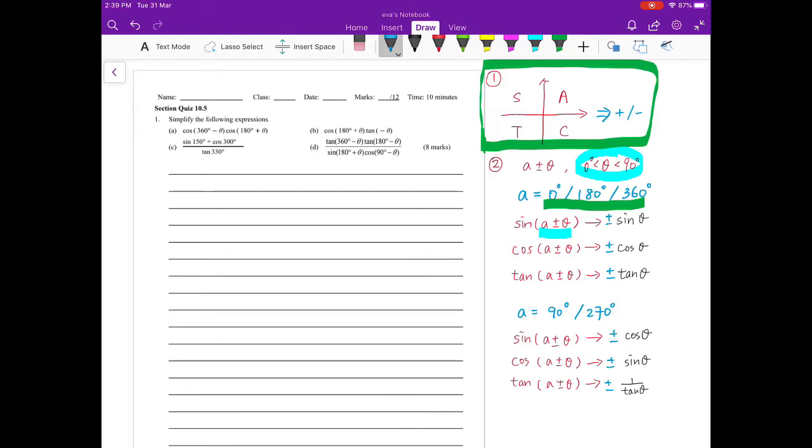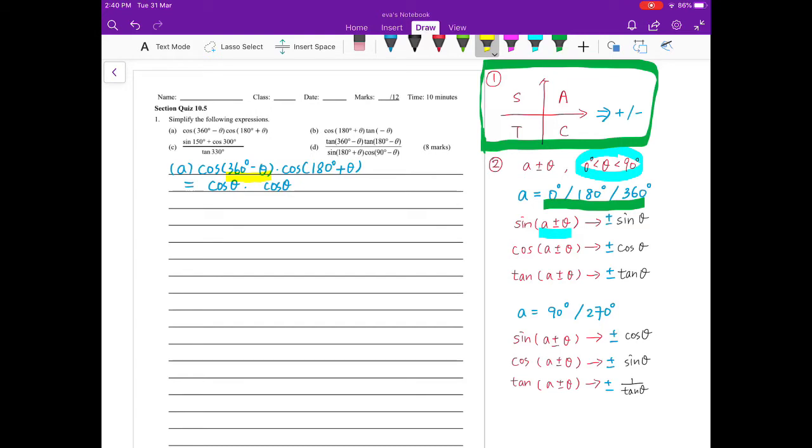You have to simplify each of the following. So question A, cosine (360 degree minus theta) times cosine (180 degree plus theta). You can see this is 360 and 180, so there's no change for them. Cosine theta times cosine theta. Then we have to check whether they are positive or negative. So first of all, 360 degree minus theta is in quadrant 4.